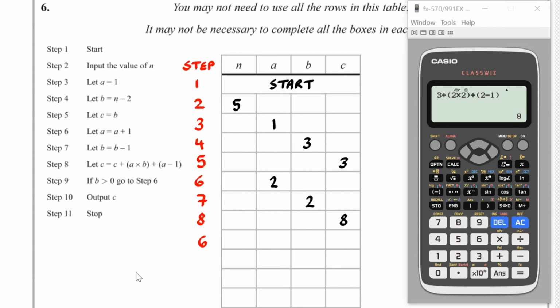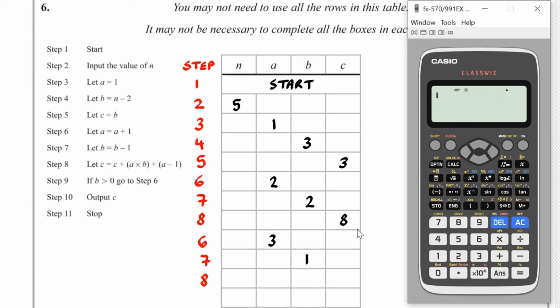And if we go to step 6, at step 6, we let a equal a plus 1. So a plus 1, 2 plus 1, that's 3. Our 7th step is to let b equal b minus 1. 2 minus 1 is 1. Our 8th step is to let c equal c plus a times by b plus a minus 1.